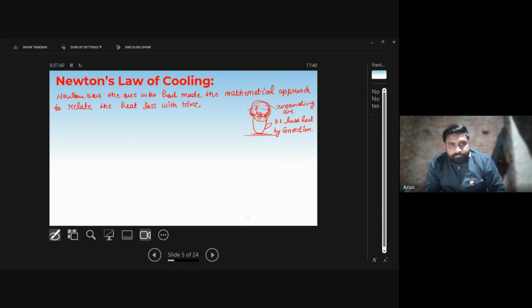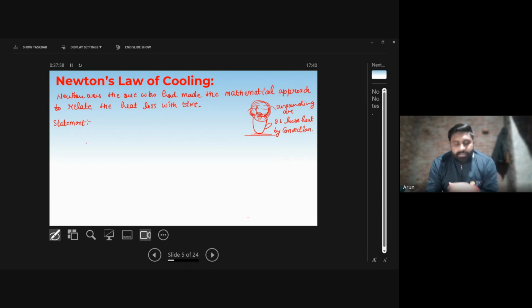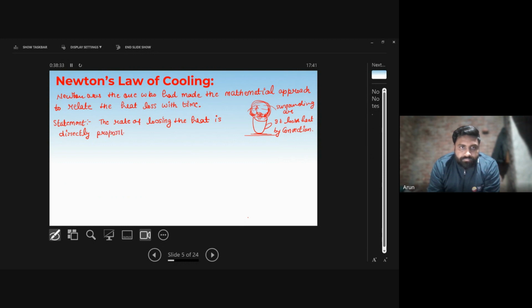Okay, so what does Newton say? The Newton's law of cooling statement: it says that the rate of losing the heat is directly proportional to, what?